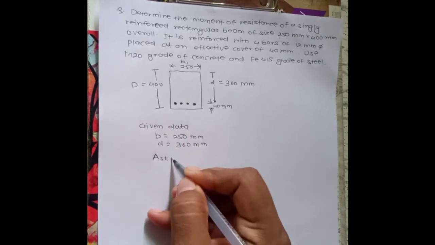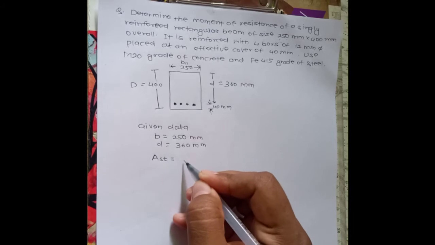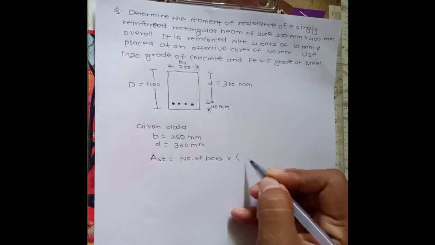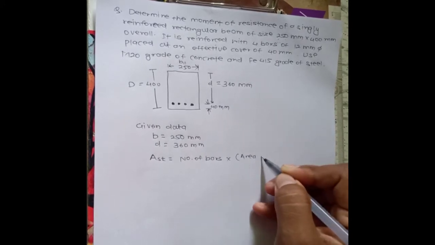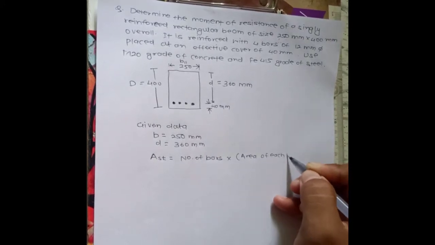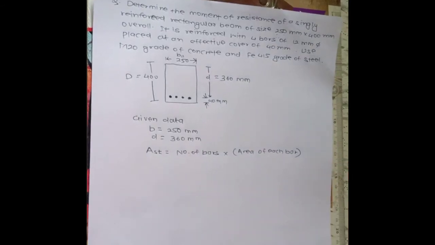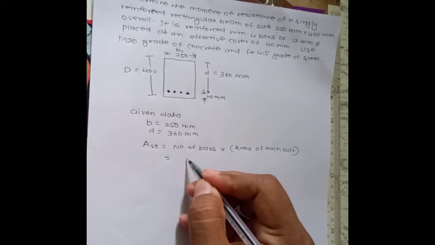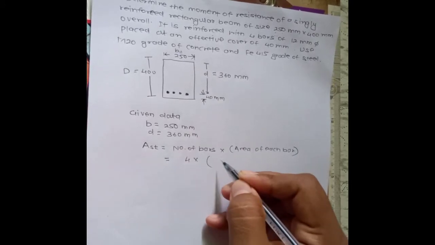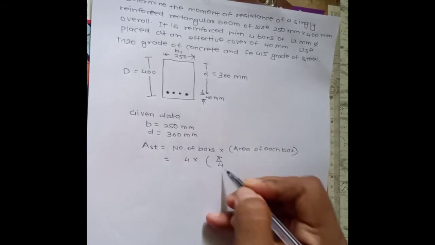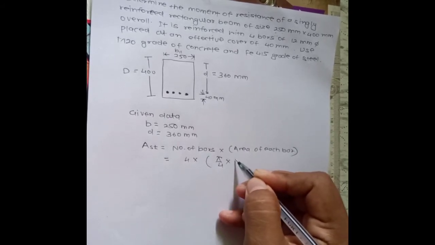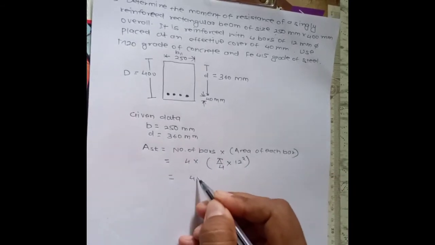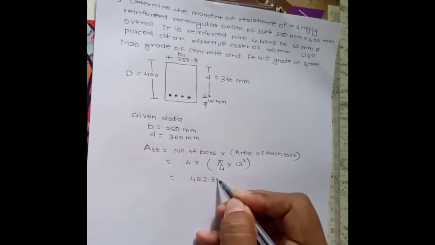So Ast equals the number of bars into the area of each bar. So there are 4 bars into the area of each bar, that is pi by 4 into d square, that means 12 square. After calculating this we get 452.38 mm square.